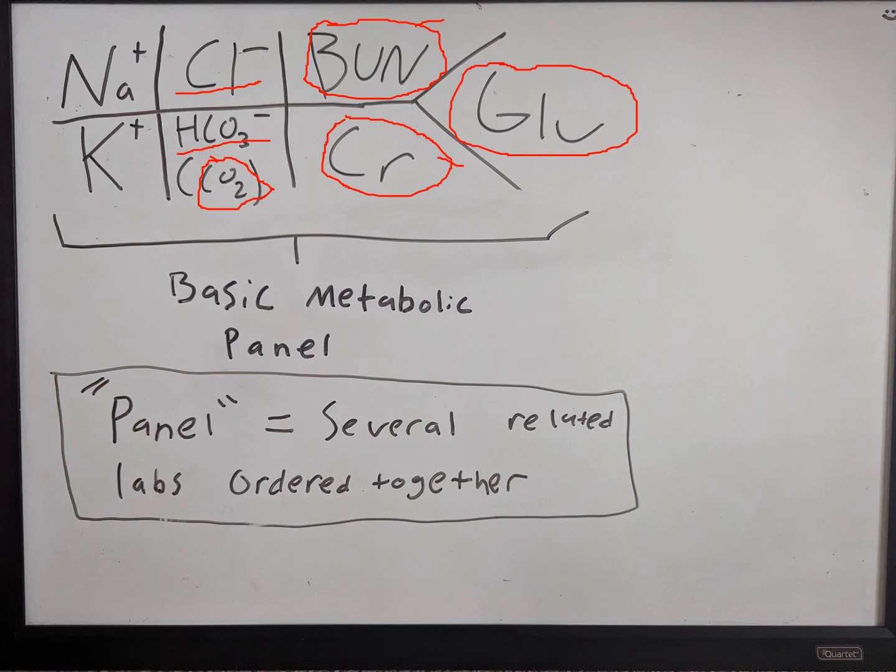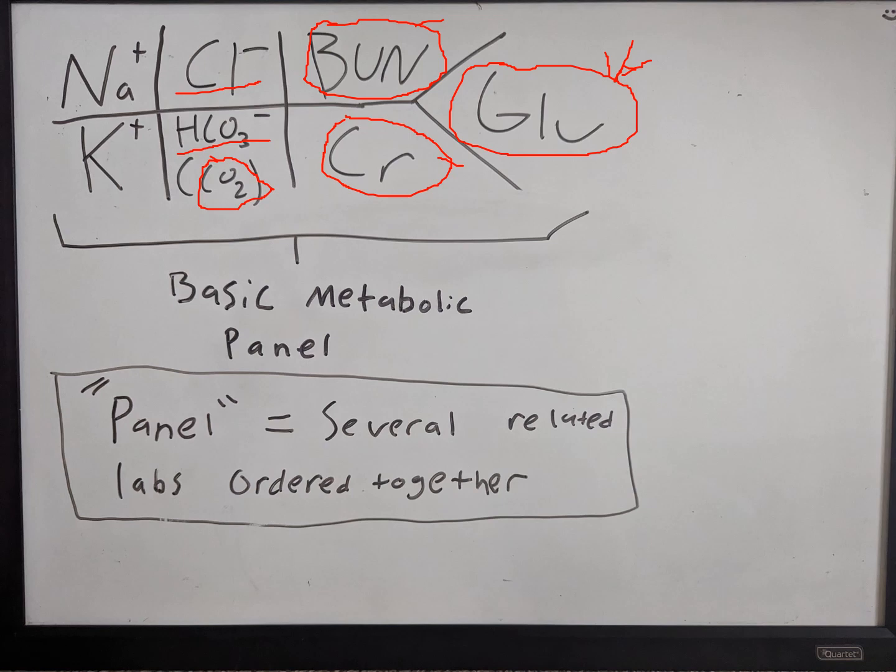So these 2 things together tell us how the kidneys are working and what might be wrong if there's a problem with the kidneys. And then the glucose, well, this is pretty much the same glucose that you know and love. The normal range on a venous plasma glucose is going to be slightly lower than the finger stick glucose that you're used to, but other than that, it's basically the same idea.